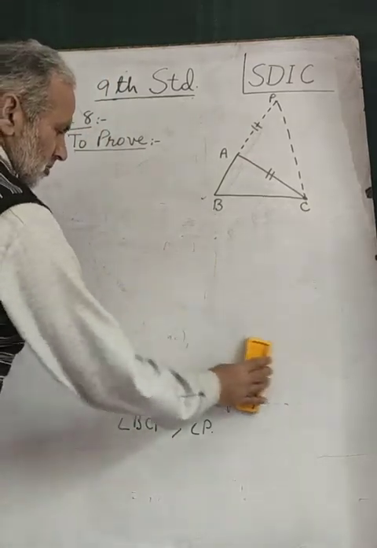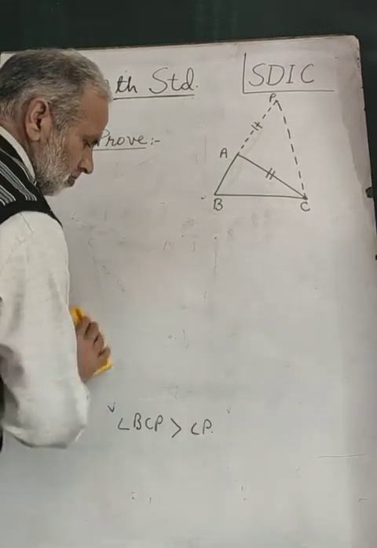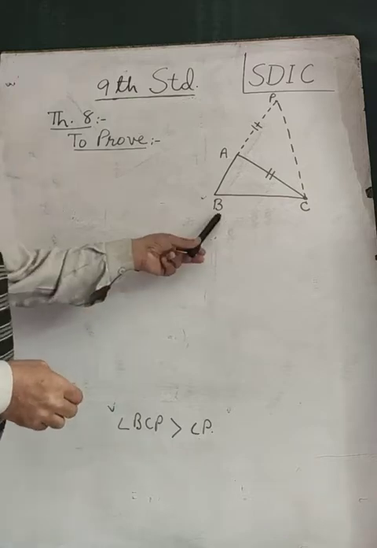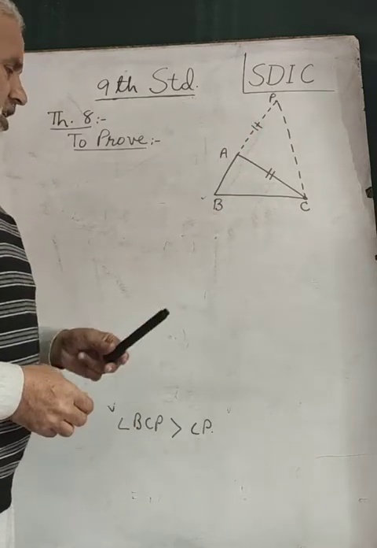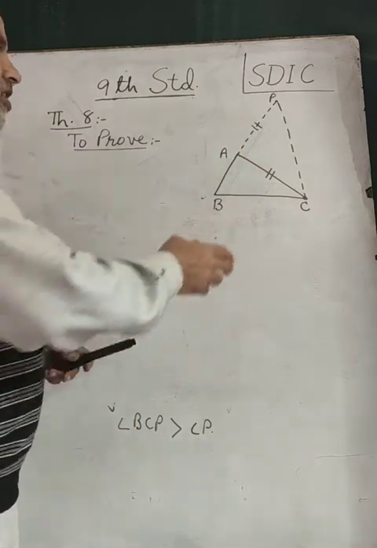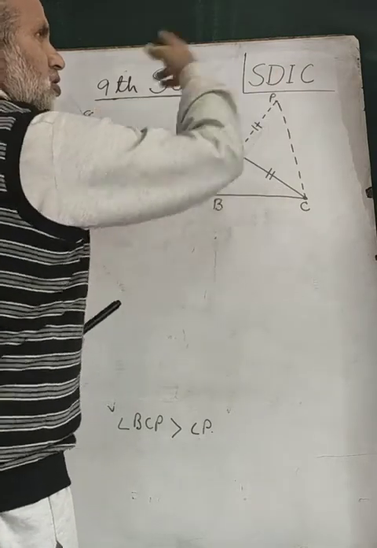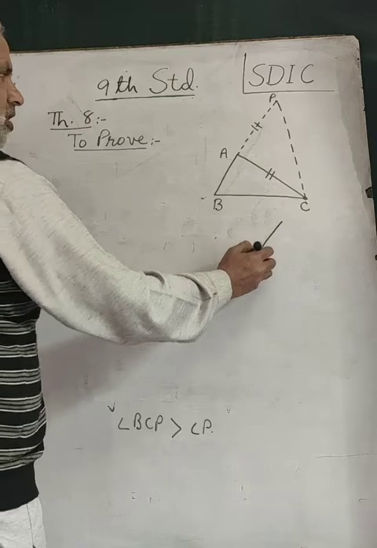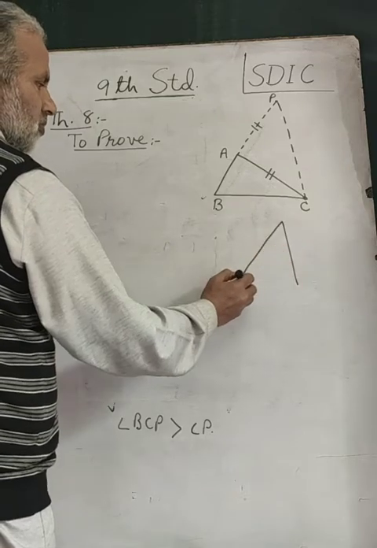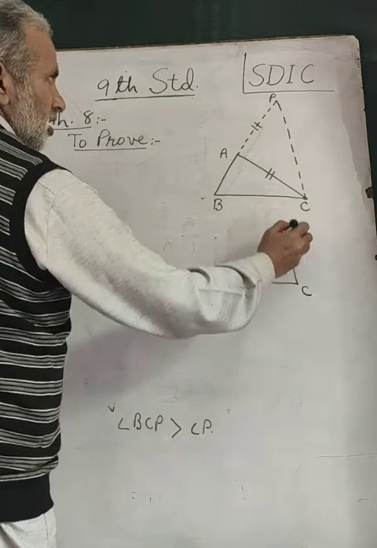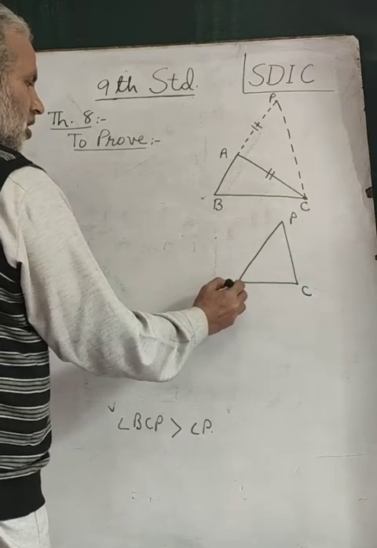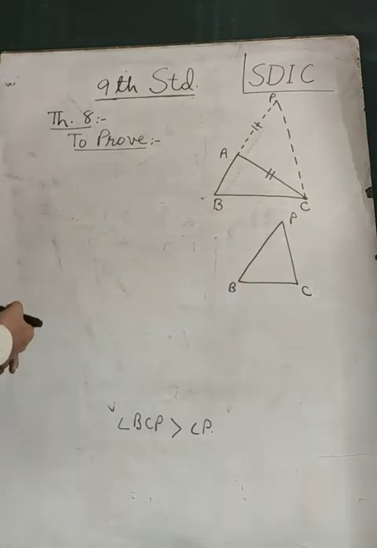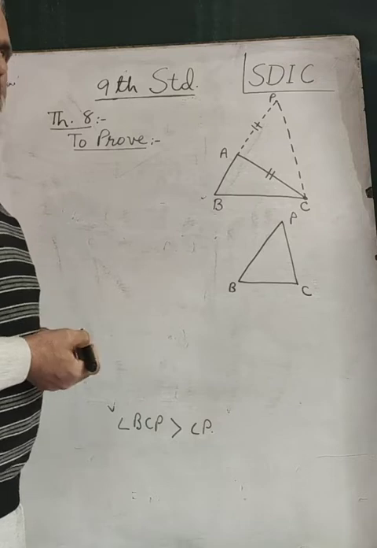Now knowing that angle BCP is larger than angle P, we'll now consider the largest triangle formed in the figure. I shall draw the rough figure here again. This one. Now I have C here, P here, B here. This is the next triangle I will use, triangle BCP.